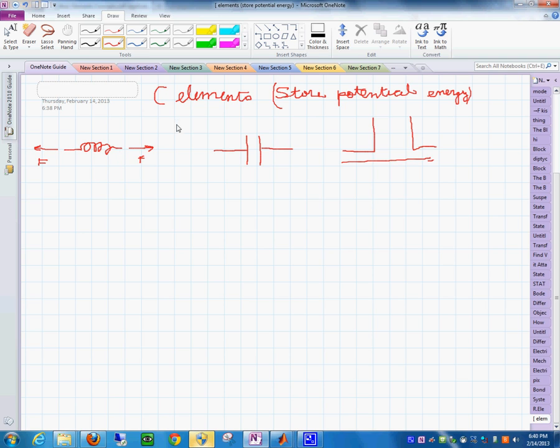So in this particular case, what do you have? Let's just go to this one, because on both of them here we have the voltage across the capacitor, and of course you have the current that circulates like this.